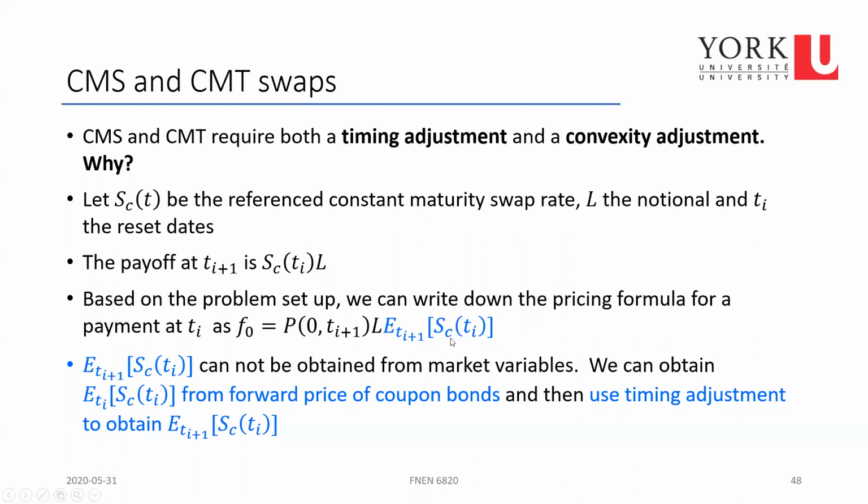So this gives you the floating side for one payment. Then you add the floating side of all the other payments together. That gives you the entire value of the floating side. Then you use it minus the value of the fixed side, which will give you the value of the swap.